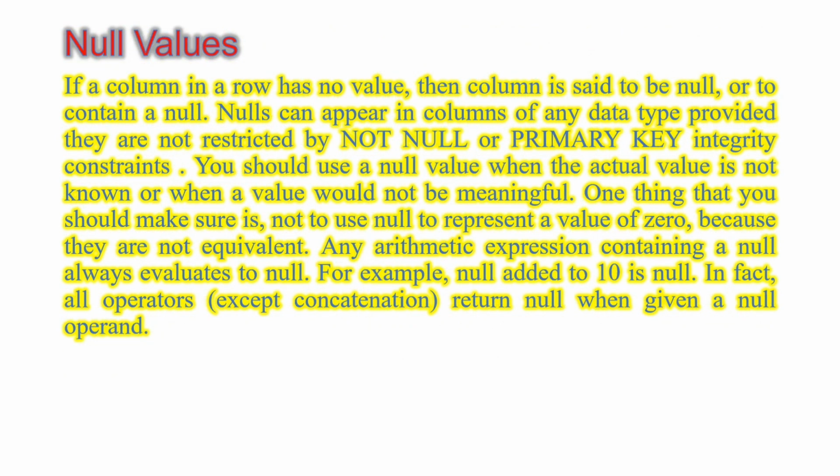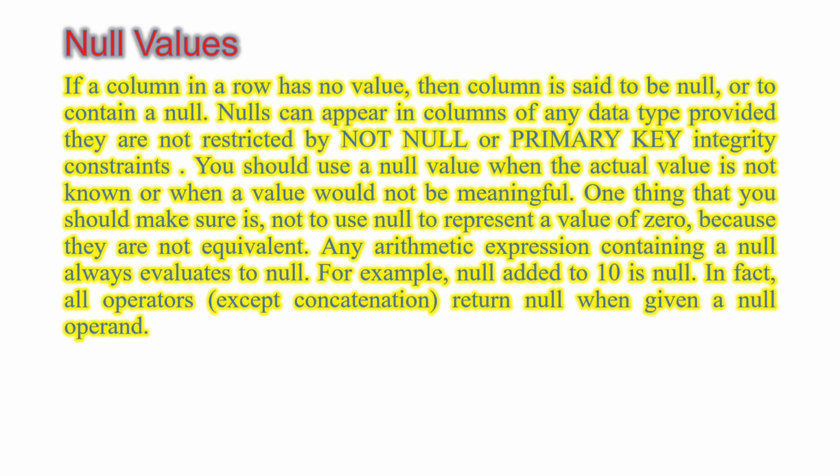Null values, another data type. If a column in a row has no value, then the column is said to be null or to contain a null. Null can appear in a column of any data type provided they are not restricted by not null or primary key integrity constraint. You should use a null value when the actual value is not known or when the value would not be meaningful.